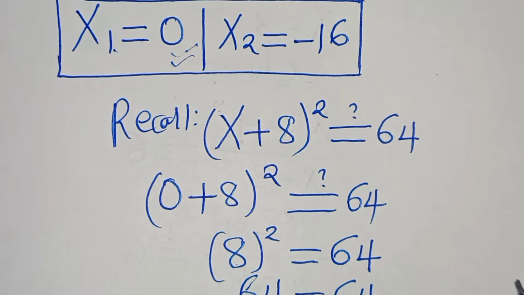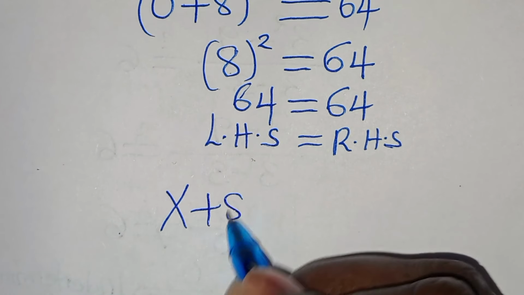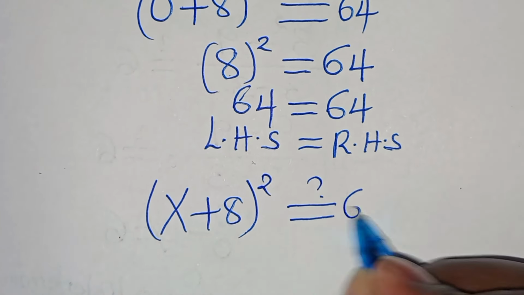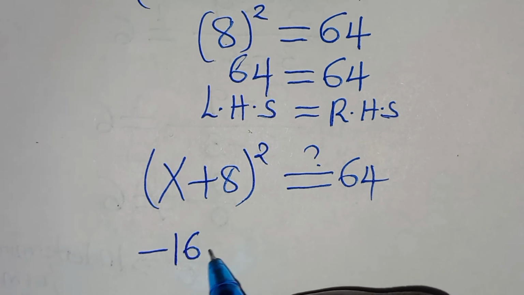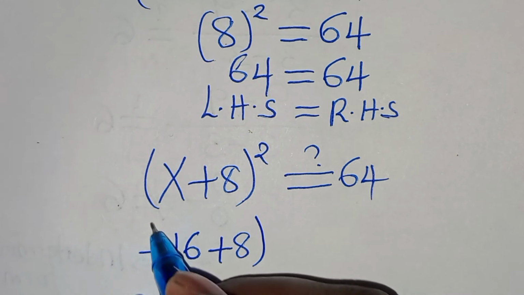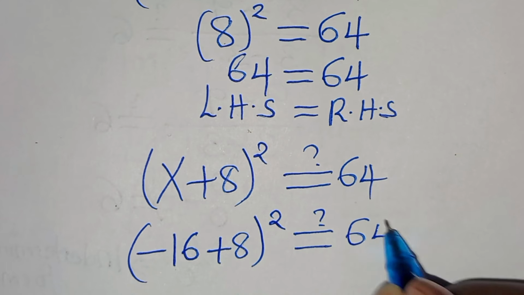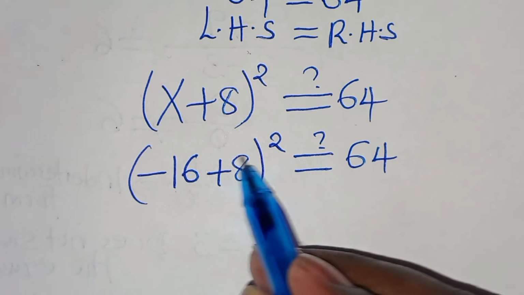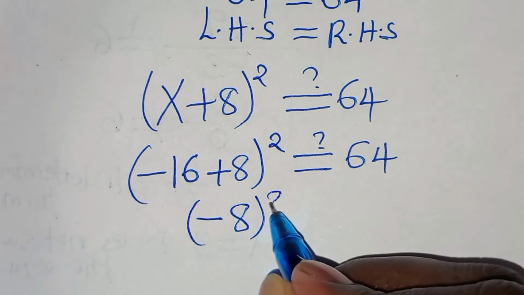Let's check x2. So we have (x + 8)^2, which should give us a value of 64. x is minus 16 in this case, so (-16 + 8)^2 should give us a value of 64. So minus 16 plus 8 is minus 8, raised to the power of 2.